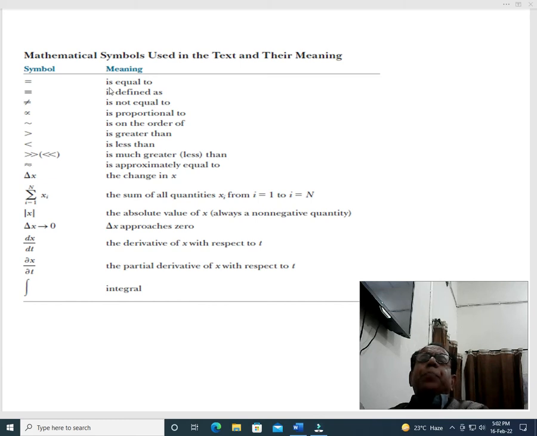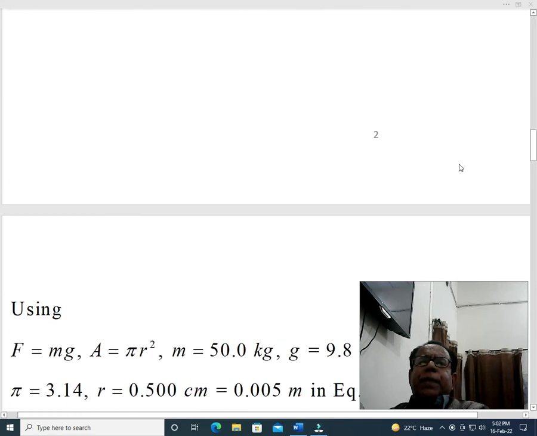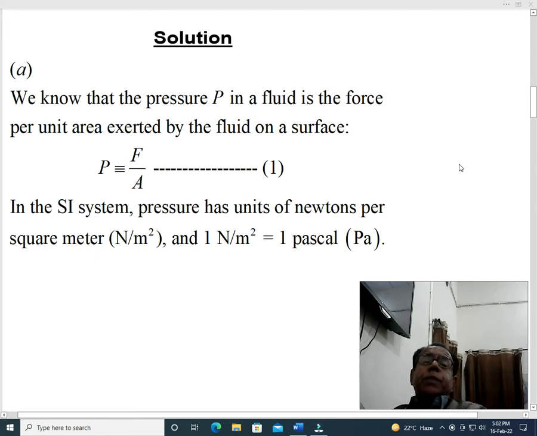So is equal to, is defined as, or is equivalent to are almost the same, they convey the same sense. However, I deemed it appropriate to show this table. Pressure is defined as force per unit area.